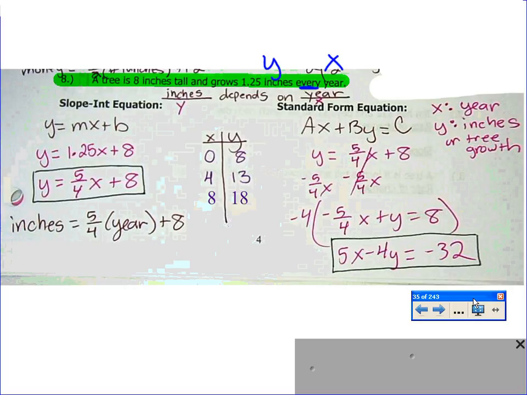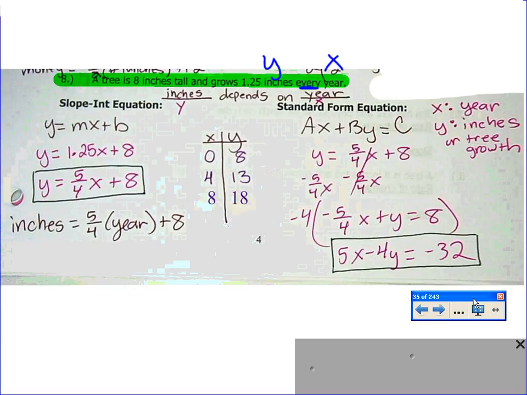This chapter has a lot of stuff in it, but this is the basic building block lesson of this chapter. So do you have any questions for me before we do one more of these together, Melissa? Okay, gotcha. So when you go from slope-intercept to standard form, you need to get this 5/4 x on the other side because standard form is ax plus by equals c.